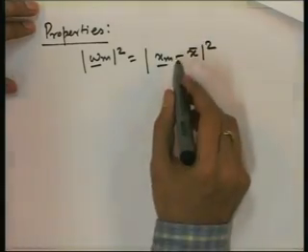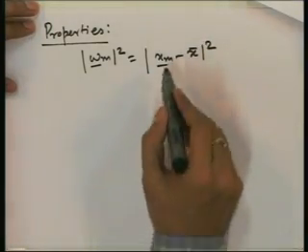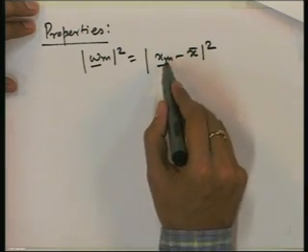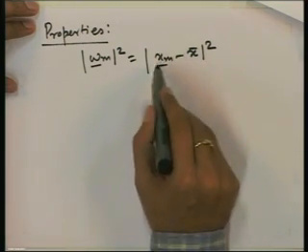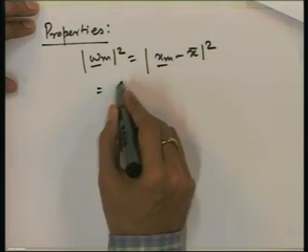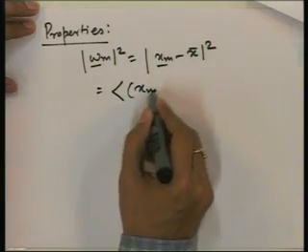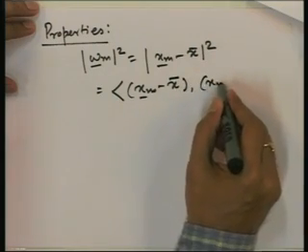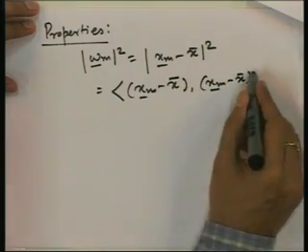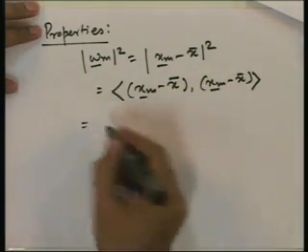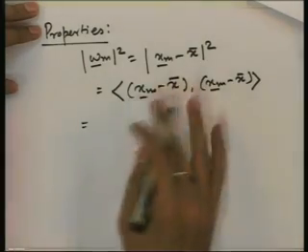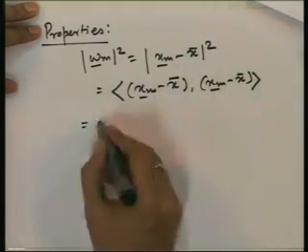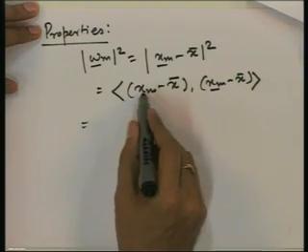Now, this is nothing but the inner product of this with itself. So, we take the inner product of x m minus x bar with itself, and we can use distributivity.